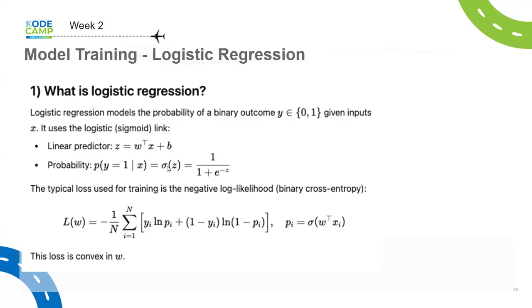So the probability function would now turn the Z value, which is the outcome of mx plus c, or wx plus b, W transpose X plus B, into a binary value. That's the main purpose of this function.